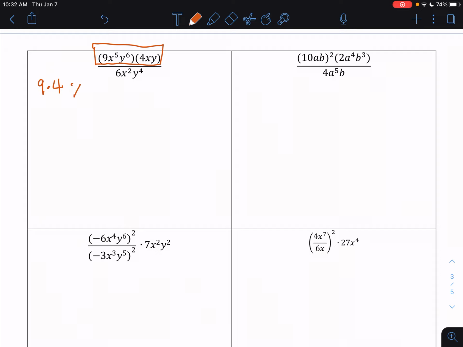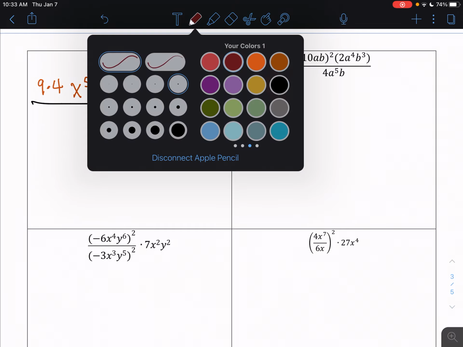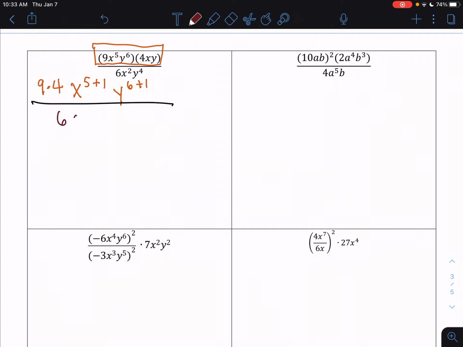Then you would have x to the 5 plus 1. Remember, this is our product rule now. We're multiplying them. And then you'd have y to the 6 plus 1. And that's our top. Our bottom is 6x squared y to the 4th.